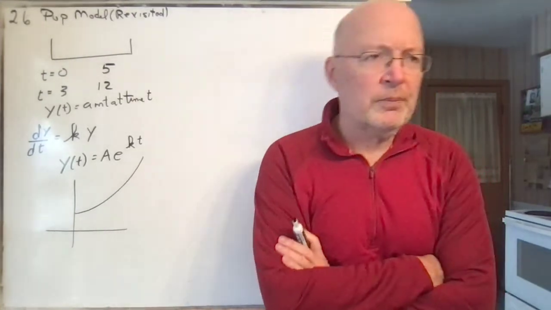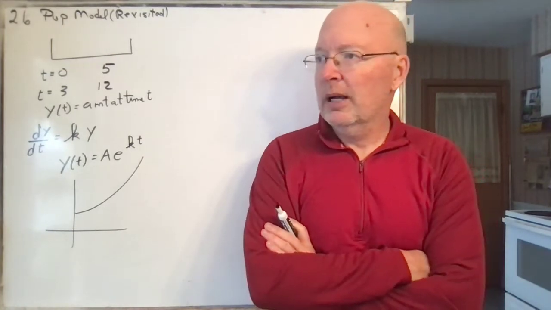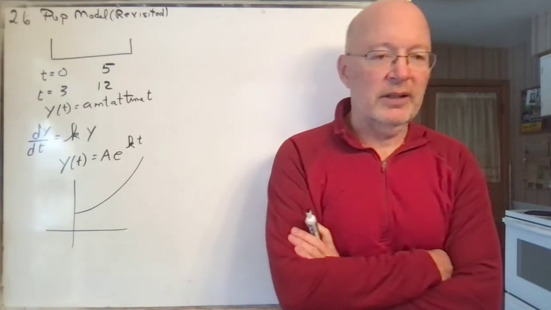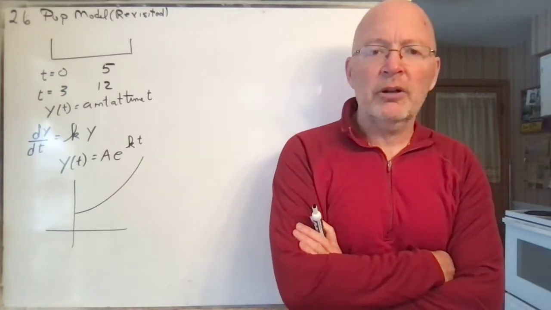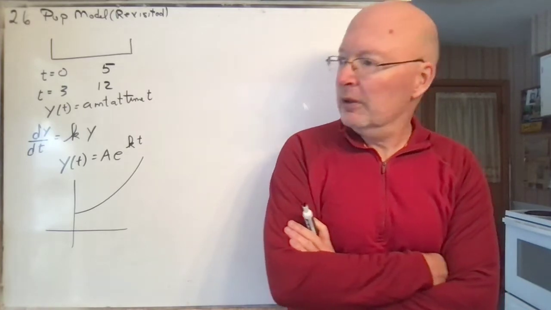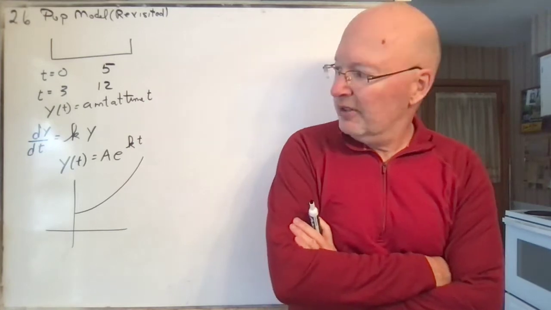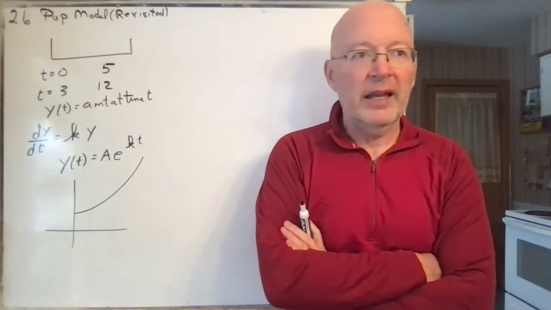Here's the question: what's wrong with that model? Okay, that model makes certain predictions, and one way to check the validity, the usefulness of a model, is by looking at long-term behavior. What if you looked at the long-term behavior of this one? What would it tell you is going to be true for the amount of mold in that dish?